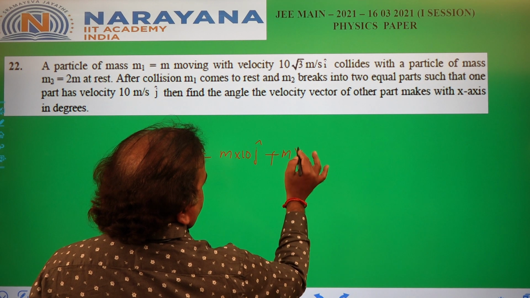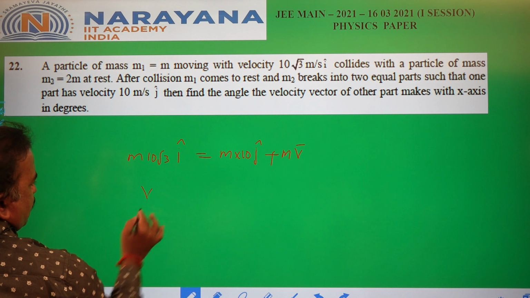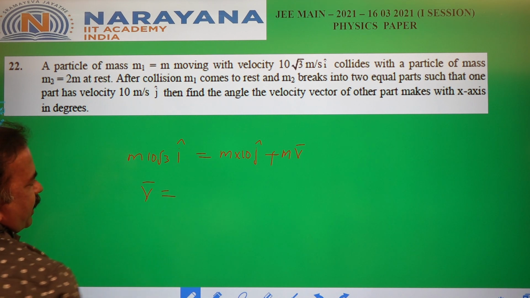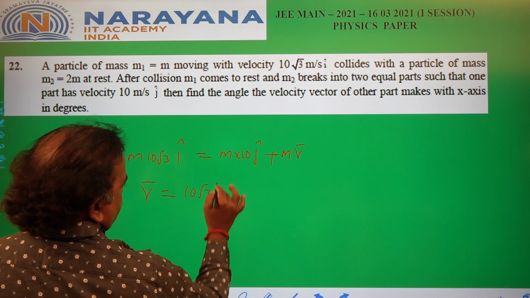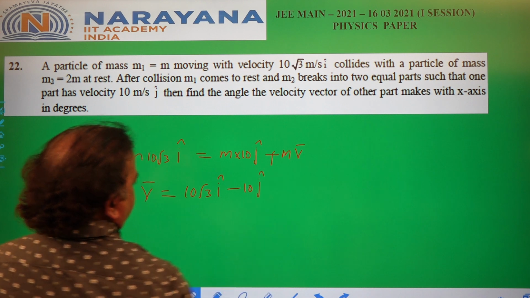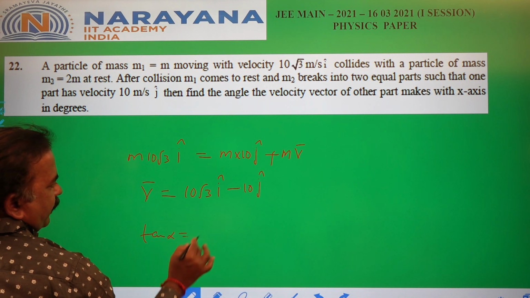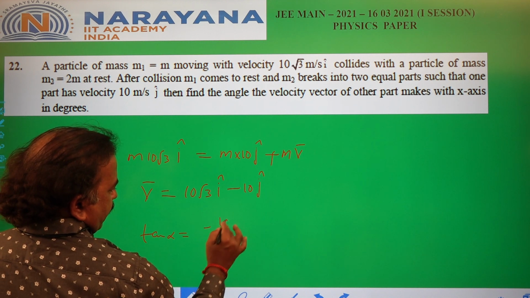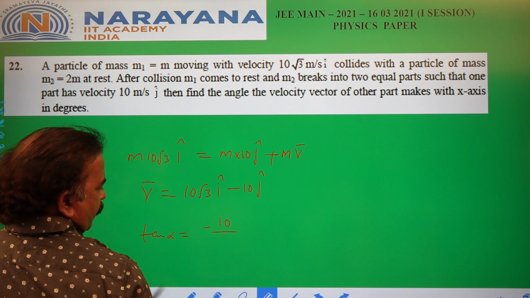We don't know its velocity, so we'll go with v bar. So all the m's get cancelled. So the velocity vector v bar is equal to 10 root 3 i cap minus 10 j cap. So what is the angle it will make? Tan alpha is 10 by 10 root 3.